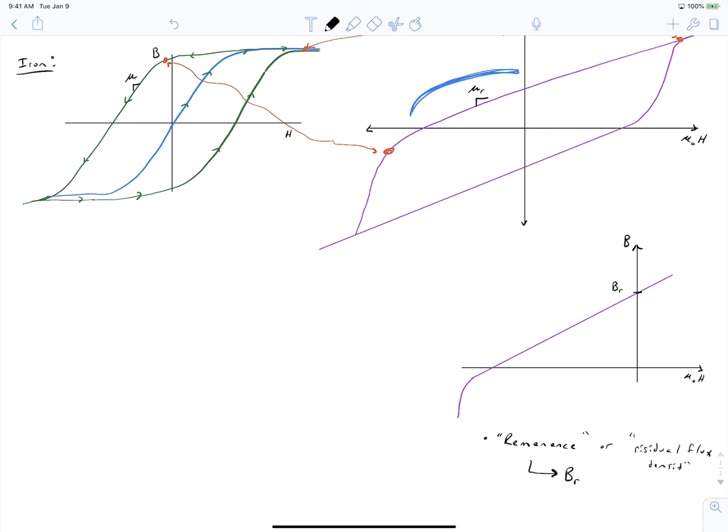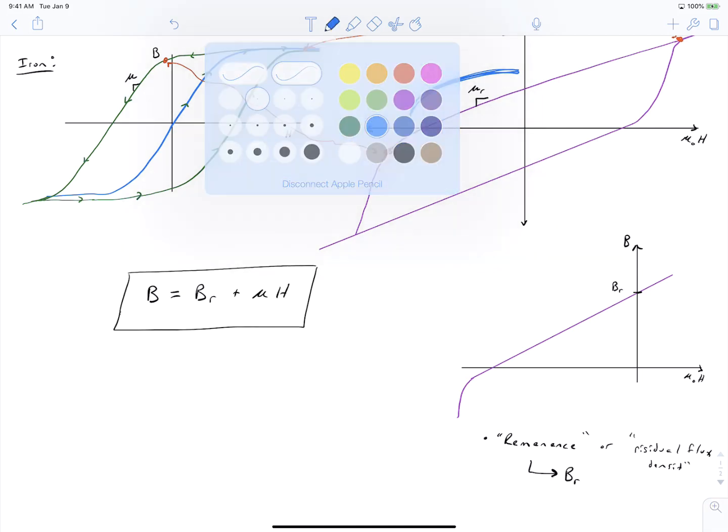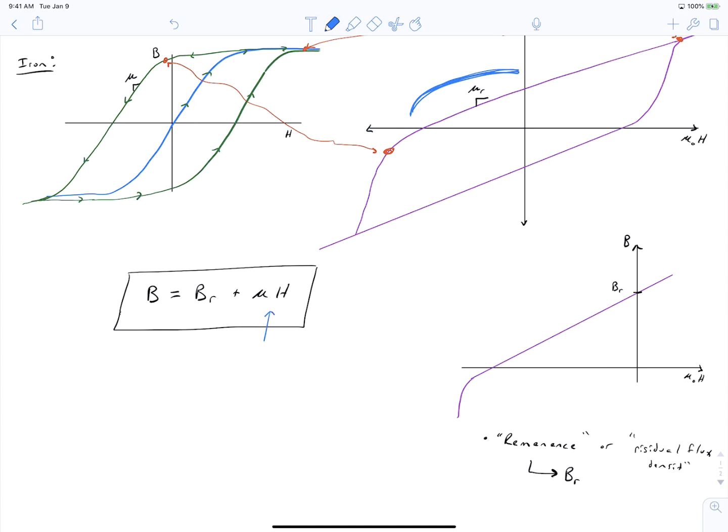And that is the magnetization of the magnet. That is how you know it has been magnetized. We can write the expression for the magnetic field within our magnet as B is equal to the remnants plus mu naught times H. So mu naught times H is what we normally see for any magnetic structure.